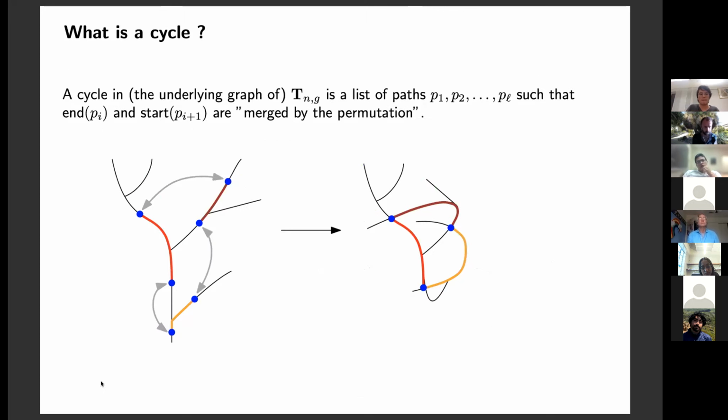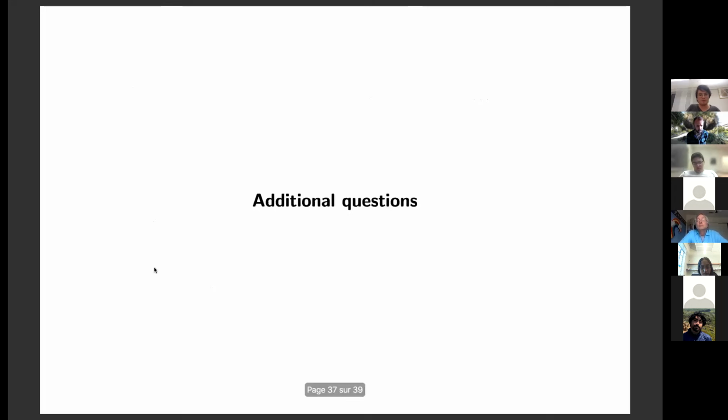Then we need to estimate the probability that these points are glued together, and then we need to count paths in trees, which is something that we can very much do. I know this was a bit rough, maybe for an idea of proof, but I hope you can still get something out of it.